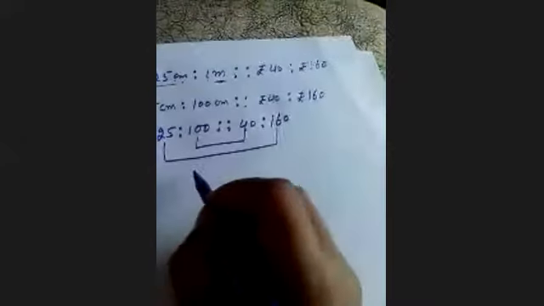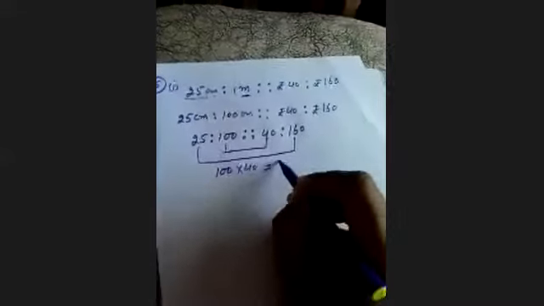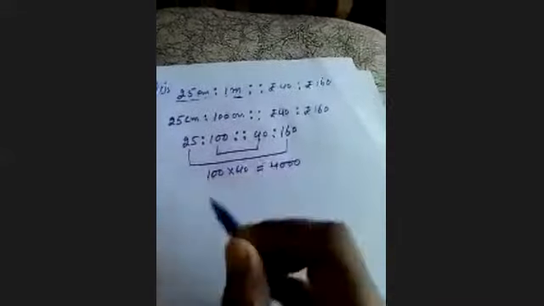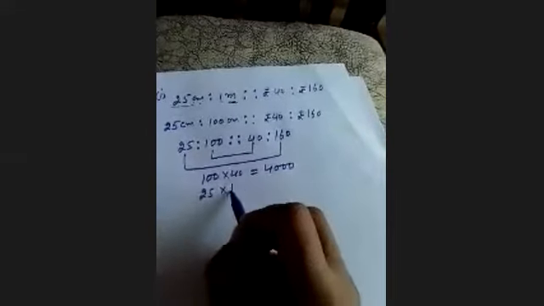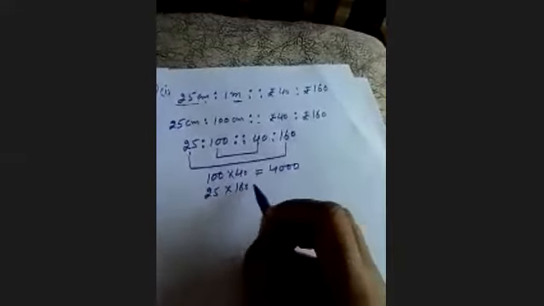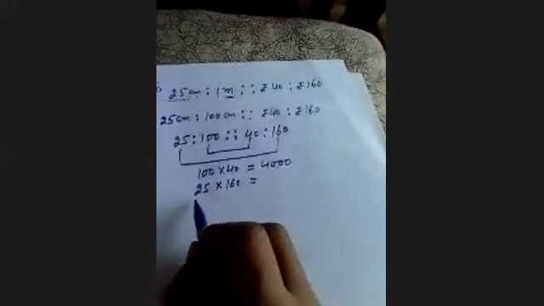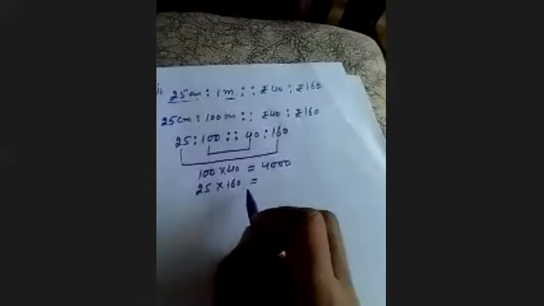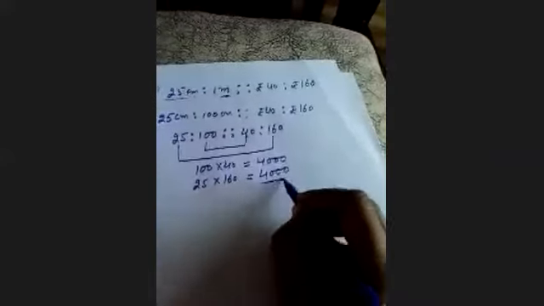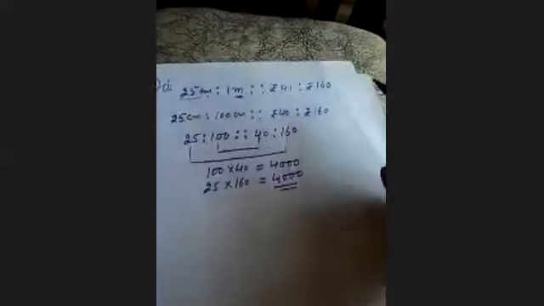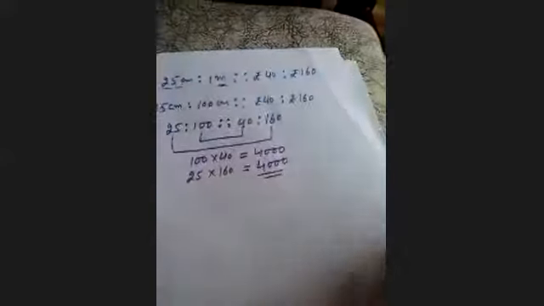Product of mean terms is 100 multiplied by 40, which is equal to 4000. Next is 25 into 160. Find the product. 160 multiplied by 25, we get 4000. So it means these two ratios form a proportion.